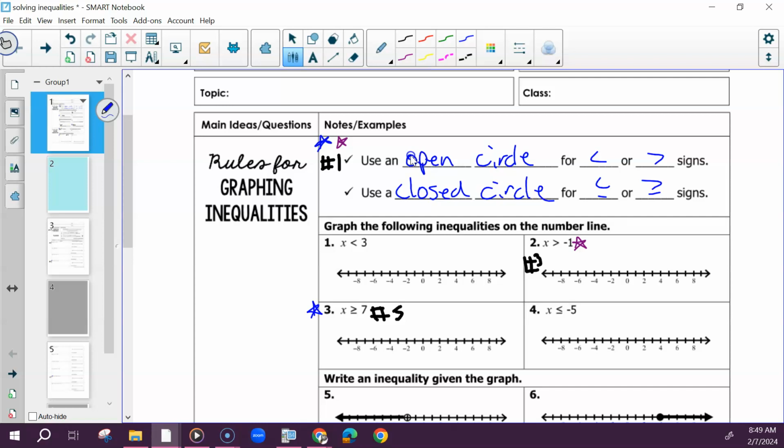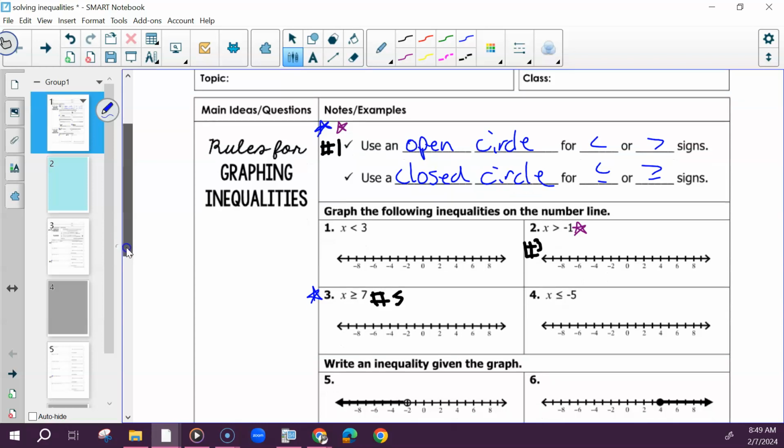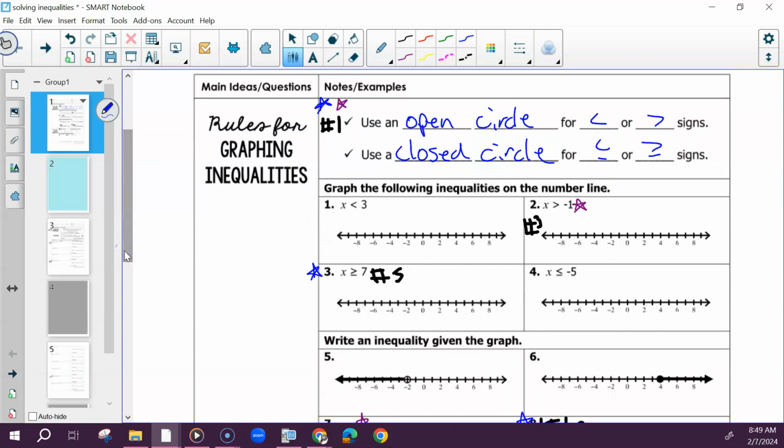So if we had something like 1 through 4, they were already solved and we got this and we had to graph it. For number 1, we would start at positive 3. Would this be open or closed? Open. At 3, going to the left or to the right? The left. To the left.